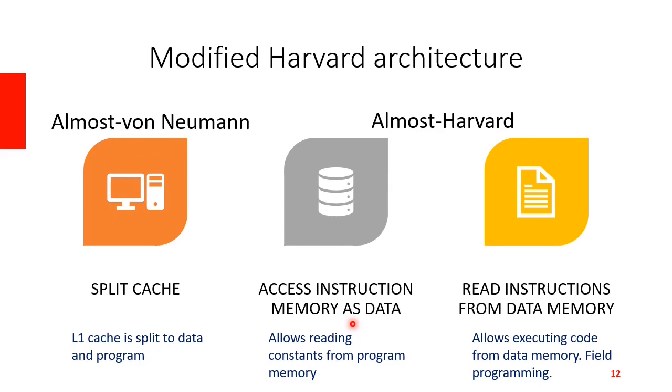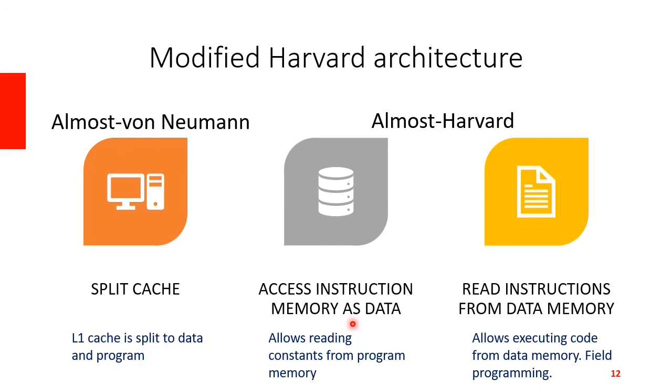A field programmable device is one where you can program the device without removing it from the system, and that new program can be stored in data memory. From the data memory you can take it and put it back in the program memory. If that capability is built in, it's another type of modified Harvard architecture.